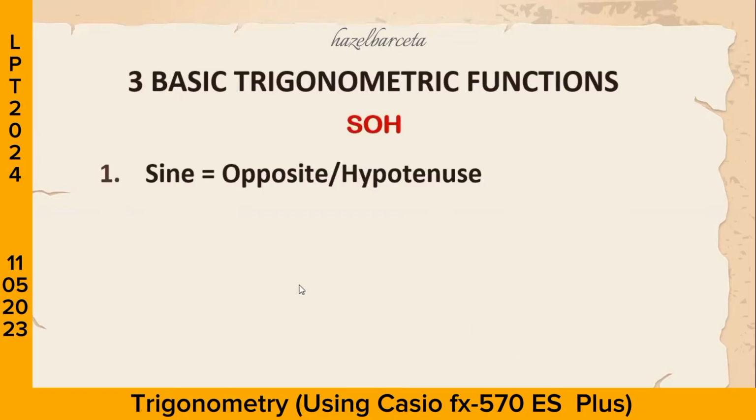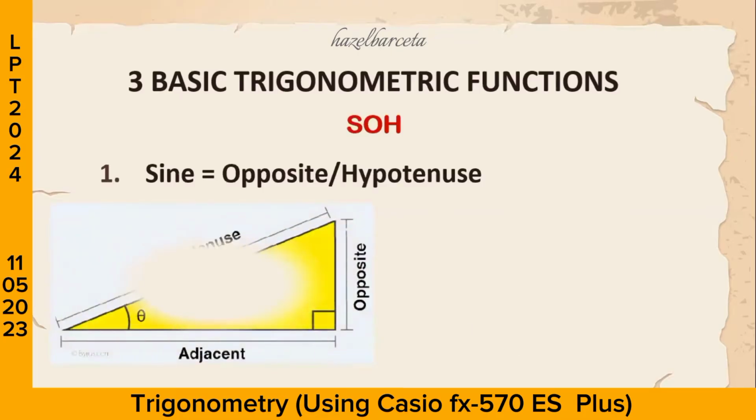Okay, so let's use a triangle. Here, kapag itong angle po na ito ang ating kino-consider, sine theta is equal to opposite over hypotenuse. Si hypotenuse po yung slant side and siya po yung pinakamahabang side ng ating right triangle.